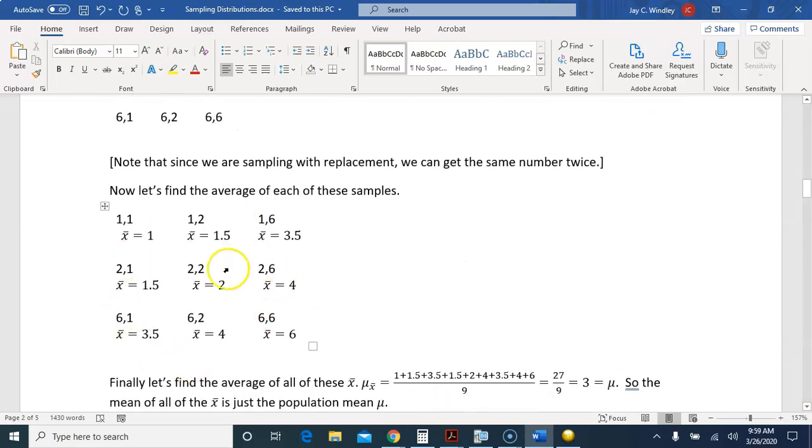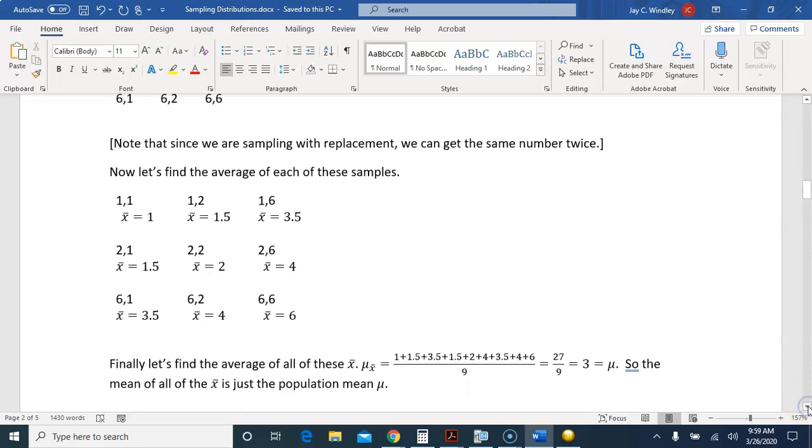Here's all the possible x bars. So to find the mean of the x bars, mu subscript x bar, you would add all those x bars together and divide by 9, which gives you 27 divided by 9, which is 3, which is exactly the population mean. So the average of all of the x bars is just the population mean.